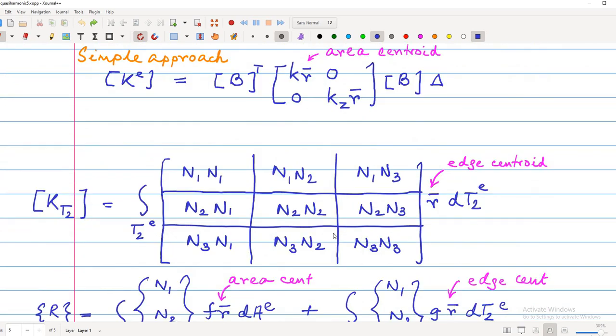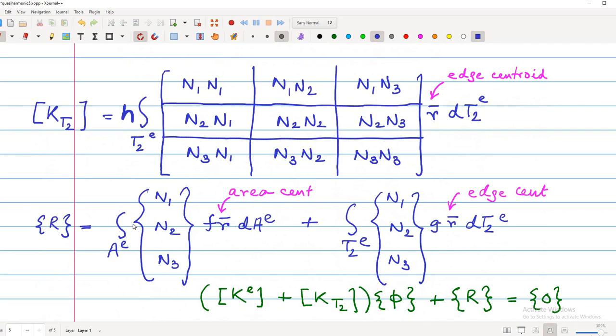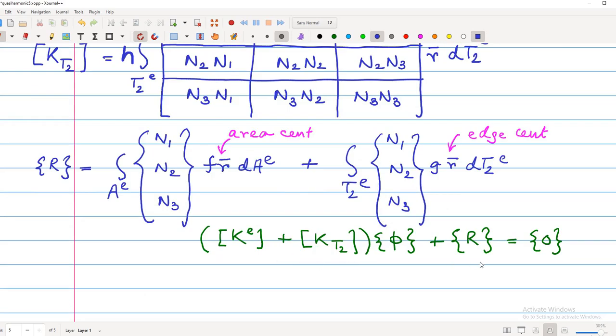So this is the stiffness from the boundary due to the convective term. I think I have missed one h here, so please introduce one h here, and this is the fourth term, and this is the final equation which we are getting.